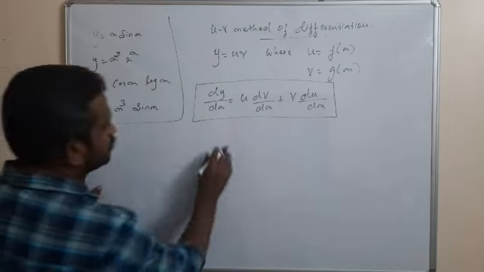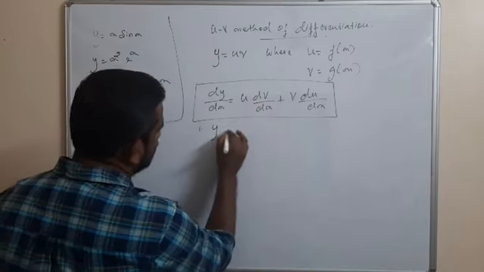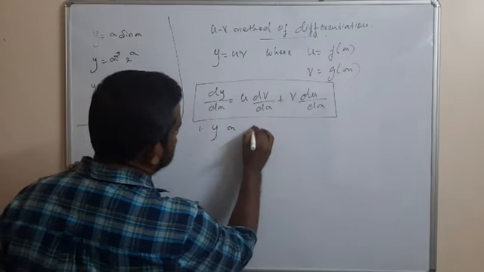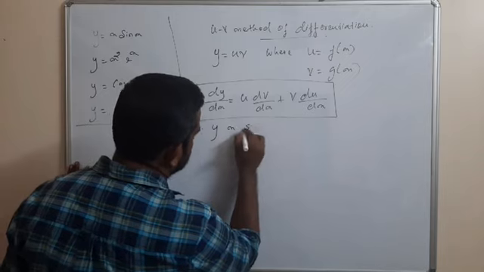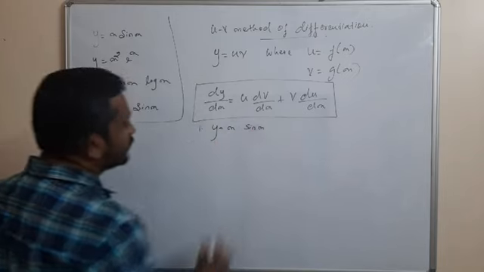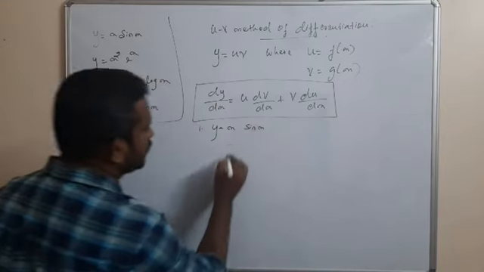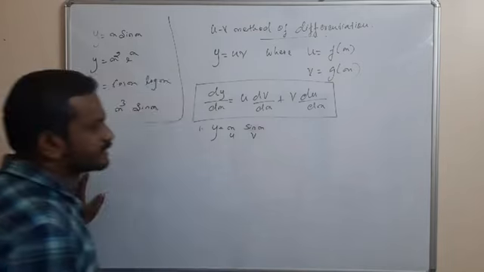So first problem, y is equal to x sin x. Here x is u, and v is sin x.